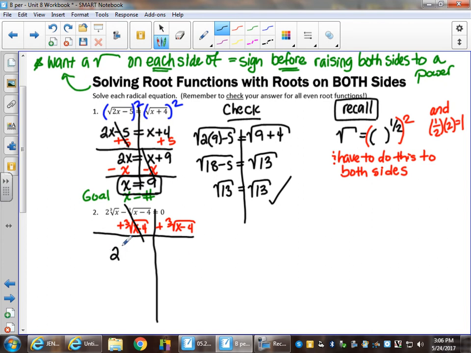That leaves 2 times the third root of x on the left side, and now on the right side, I have the third root of x minus 4. Now I do have a radical on each side of the equal sign.